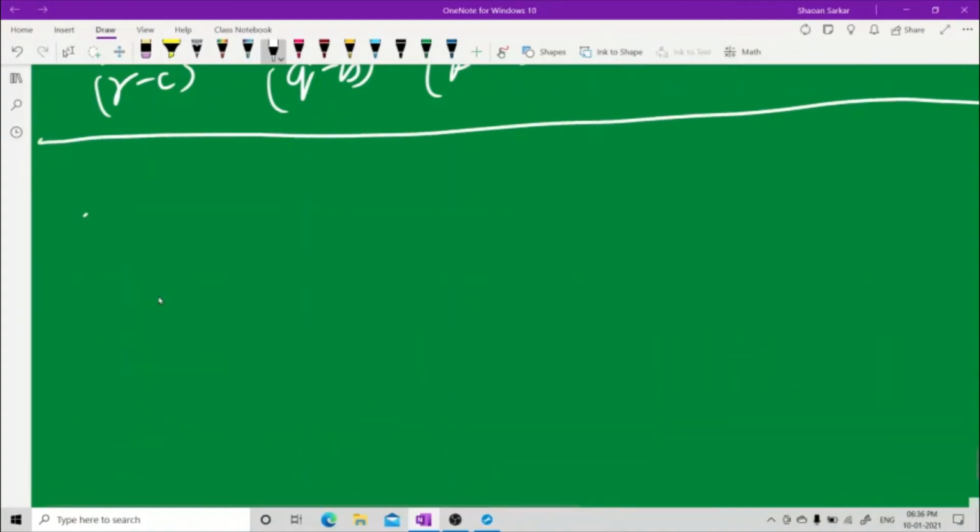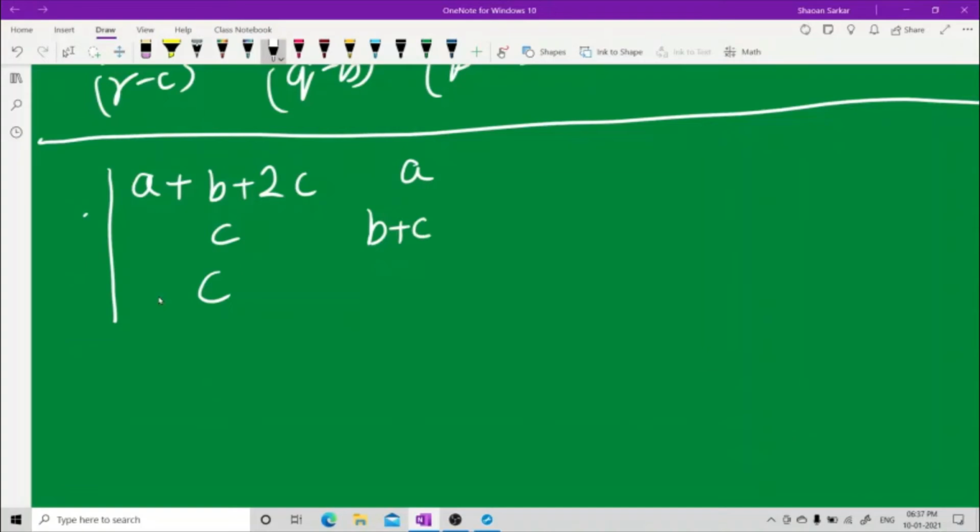Now we have A plus B plus 2C, and we have C and C. We have A and B plus C plus 2A. We have B here, we have a B here, and we have C plus A plus 2B.